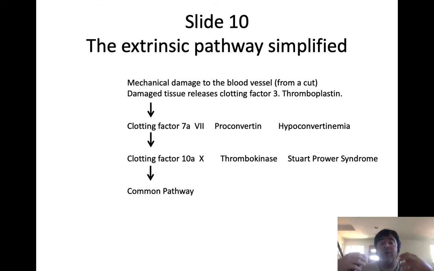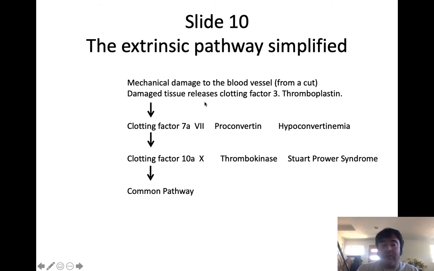Tissue factor is also called clotting factor 3 or thromboplastin. So cells get damaged, tissue factor, aka clotting factor 3, is released. Clotting factor 3 binds to clotting factor 7 and calcium to form activated clotting factor 7. Clotting factor 7 is also called proconvertin.